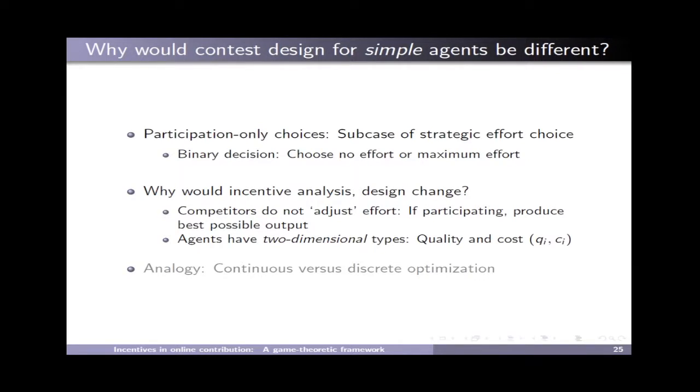When you have continuous optimization, you're really asking about agents who are solving, let's say, you're choosing variables over a continuous interval. And when you go from continuous to discrete optimization, things really change dramatically. It's not as simple as saying, oh, you're just choosing one endpoint or the other of an interval, so things should be this simple. There's the whole literature on hardness and so on that comes about when you change from a whole interval to the endpoints of an interval.